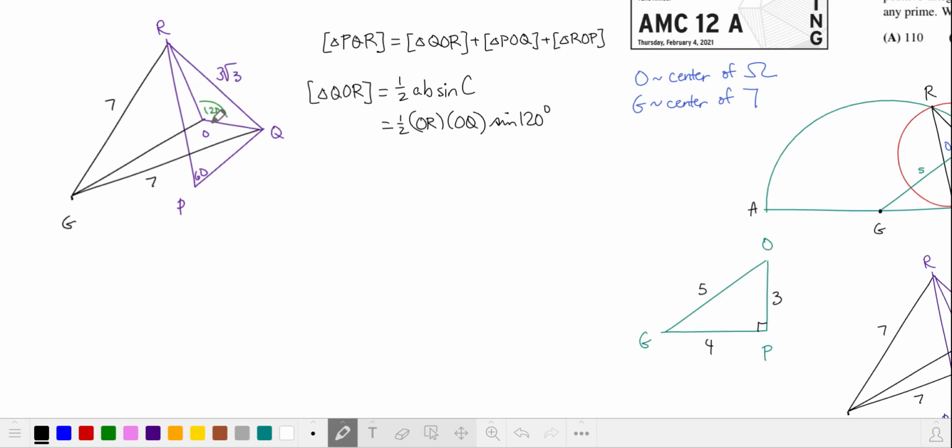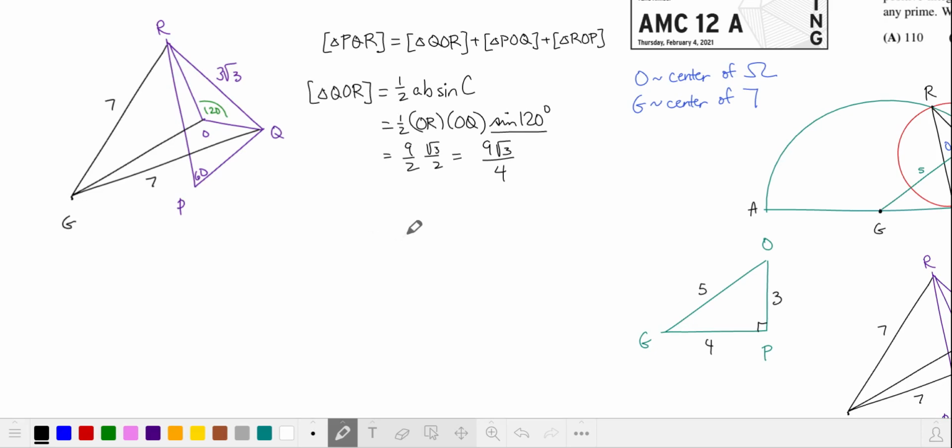Substituting 1/2 OR times OQ times the sine of the included angle, 120 degrees. OR and OQ, again, are the radii of the circle omega, and they have length 3. So that's 9/2 times the sine of 120 degrees, which is root 3 over 2. So the area of our first triangle is 9 root 3 over 4.